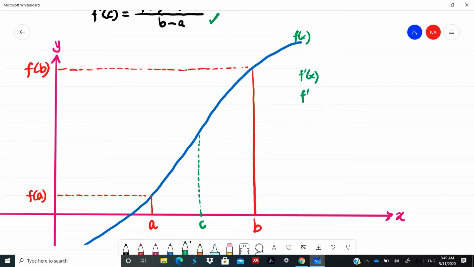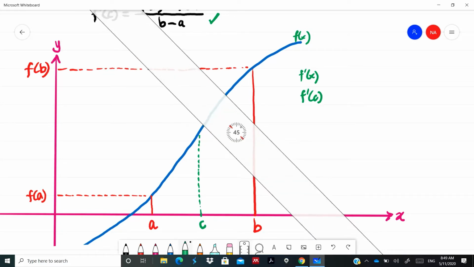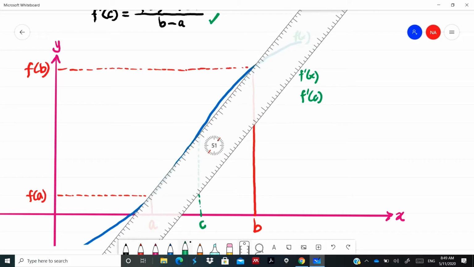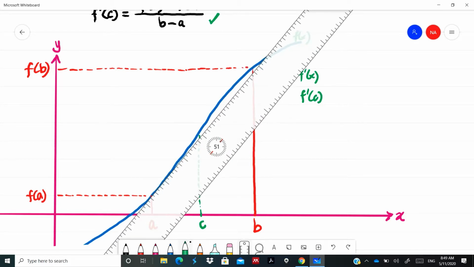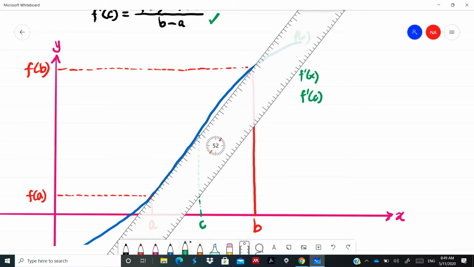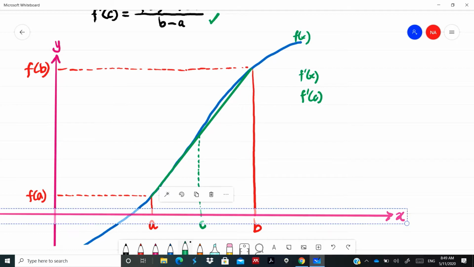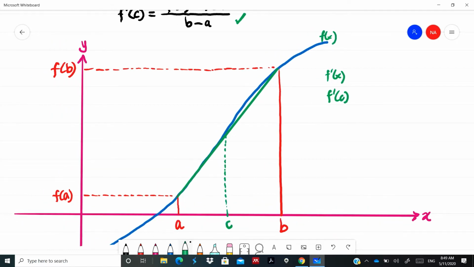We're looking at f prime of c, at the point c, meaning we draw the tangent line that passes through c, something like this.